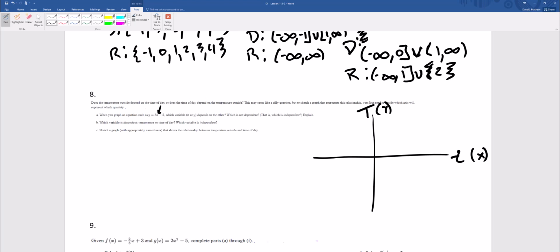So it's like 5 o'clock in the morning. If I pick 5 o'clock in the morning, bam, I know what the temperature is going to be. If I pick 3 o'clock in the afternoon, bam, I know what temperature it's going to be. Now sketch the graph. So graph the y-intercept, up 3 over 1.